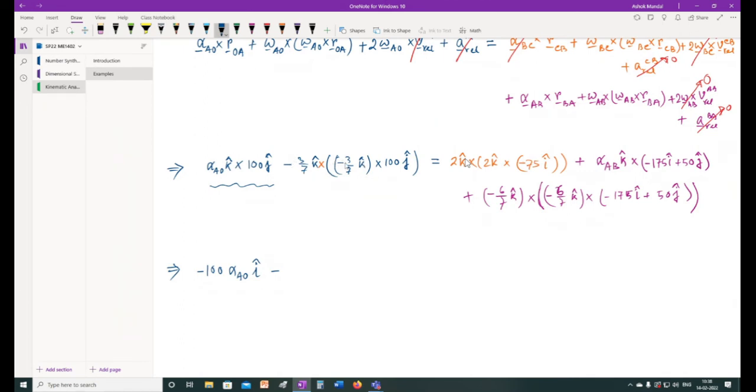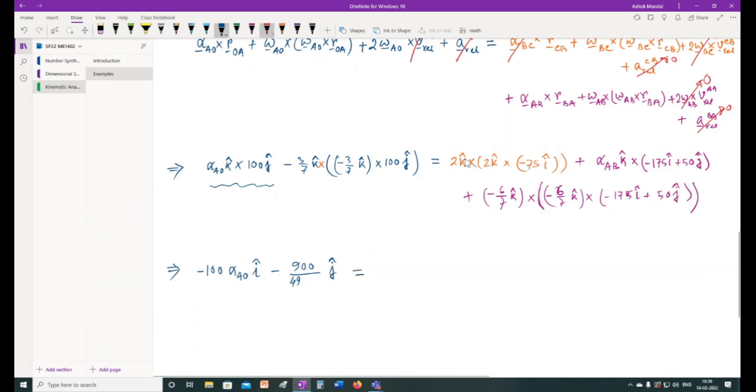This minus becomes plus, and then one minus sign. This is 9 by 49 into 100, right? And what should I write here? J.